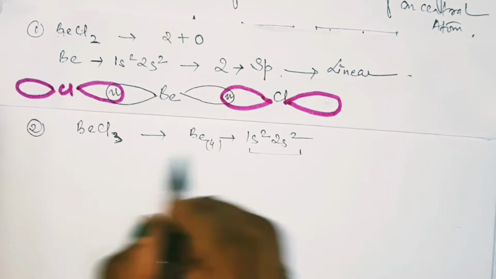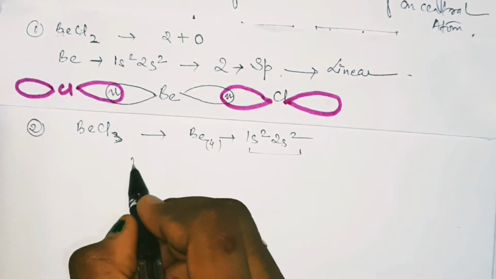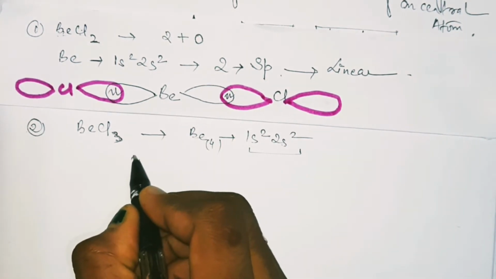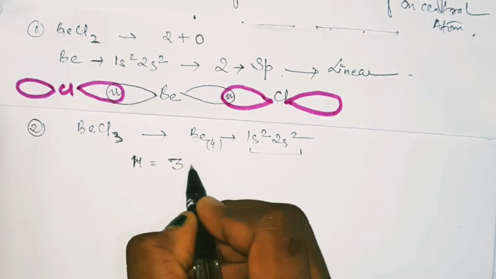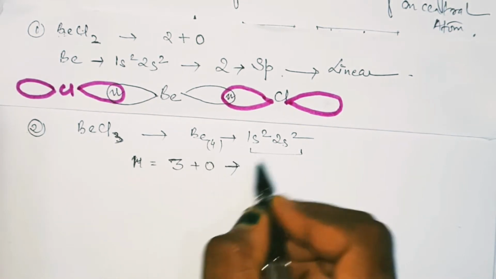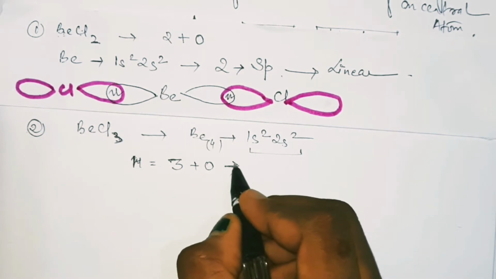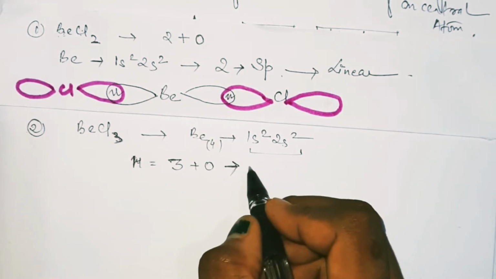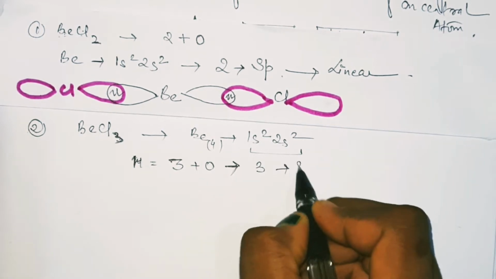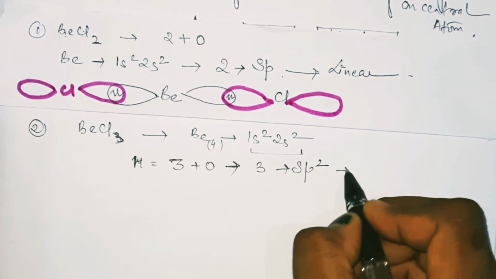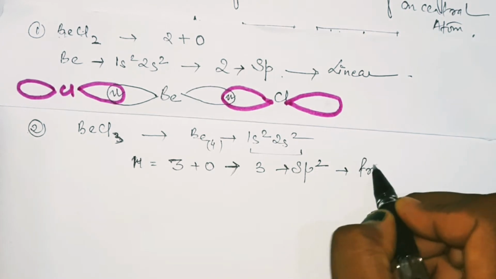Now if it bonds, the hybridization is nothing but the number of sigma bonds, that is 3, and the number of lone pairs in beryllium is 0. So it is 3, then it is sp2, and hence this will be trigonal planar.